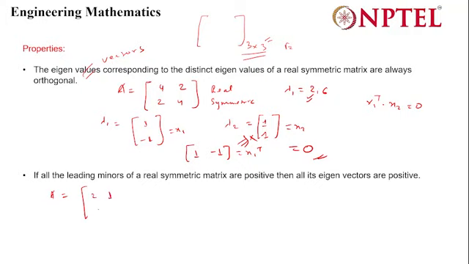Suppose there is one 2 cross 2 real and symmetric matrix. Okay. So calculate the eigenvalue for this. Everyone please calculate.